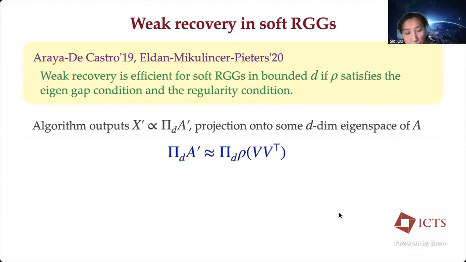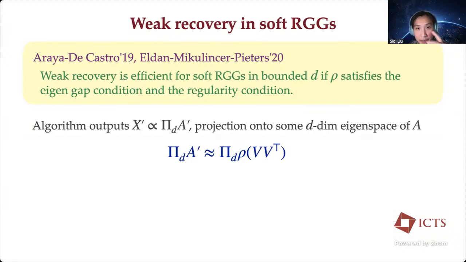The reason this works is roughly the following. Under proper assumptions on this rho, the top D eigenspace of A, sorry, I mistakenly wrote this as A prime, but these are A, is roughly equal to projecting the related matrix, which is just applying rho to the inner product matrix itself.